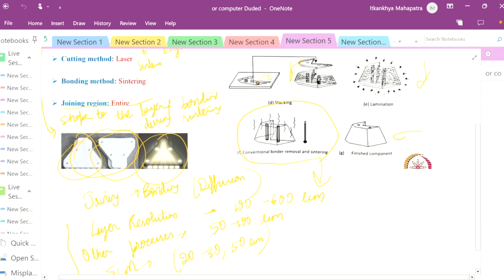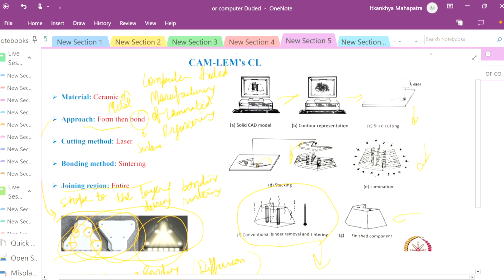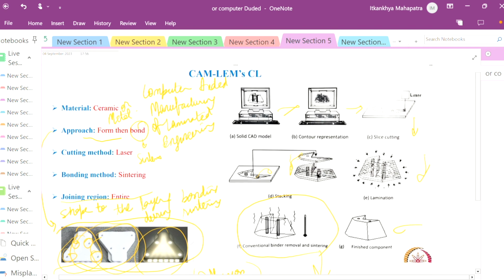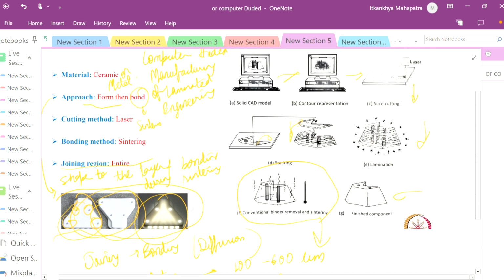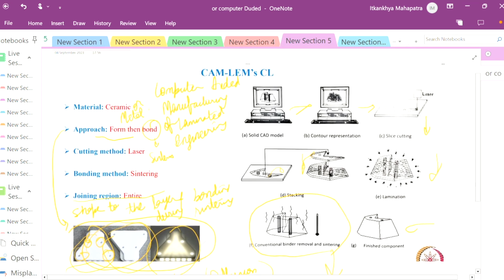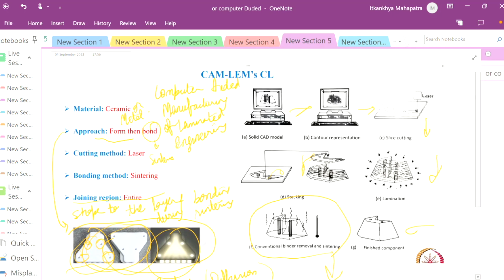We saw this is the final product where internal channels are possible, since it is a form then bond approach. First the model will be sized and formed, then finally the sintering will happen in this method.